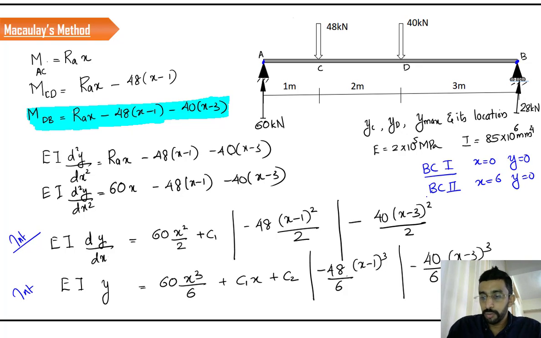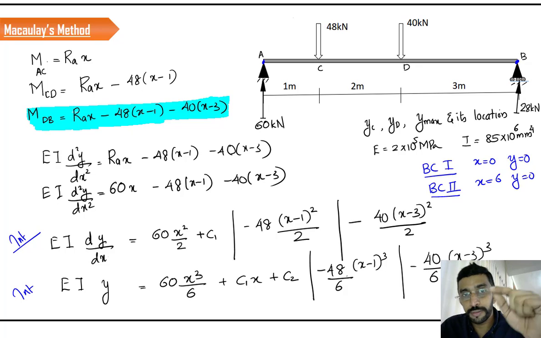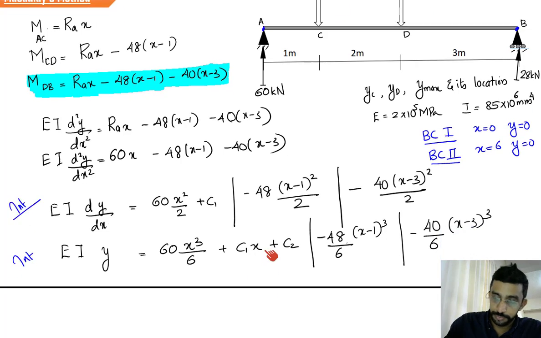Right. So these two are the boundary conditions which we are supposed to substitute to find out the values of C1 and C2. While substituting these boundary conditions, you have to consider the locations. That means if you substitute the first boundary condition, x is equal to 0, it is at location A, between A and C. Exactly at A, that means we have to consider the section AC. So let us do that.